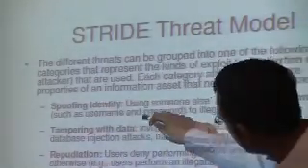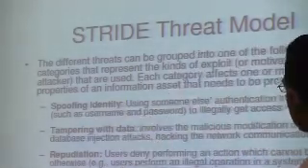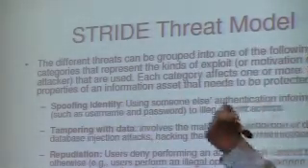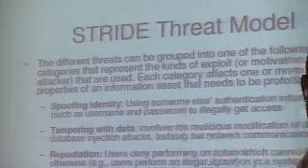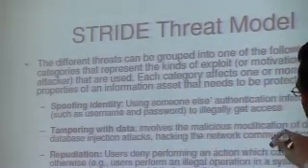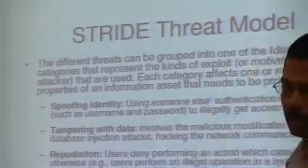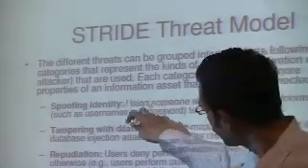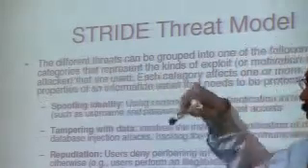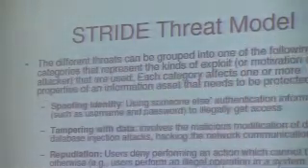Okay. So spoofing identity. Spoofing identity means you are kind of faking someone else's username, right? So if you happen to know a user's password, and of course the username, then you can log in as that user and do certain things, right? So that's called spoofing the identity.